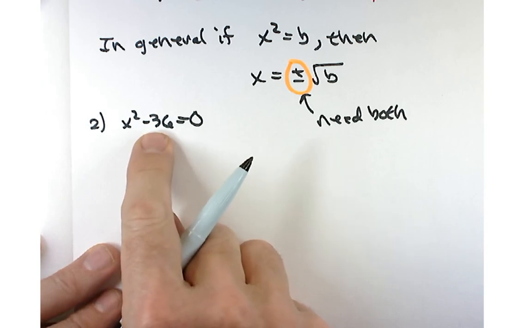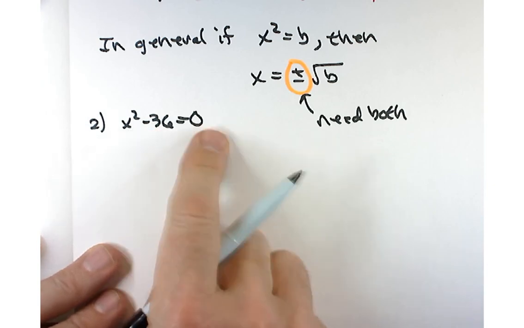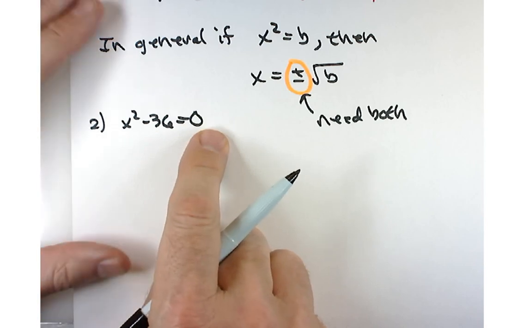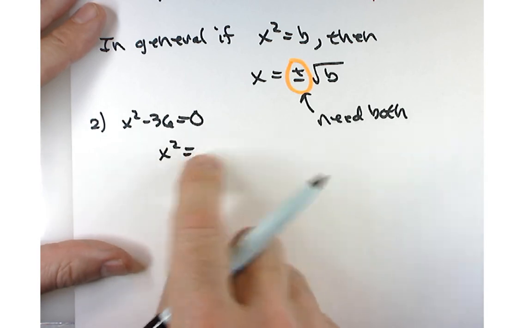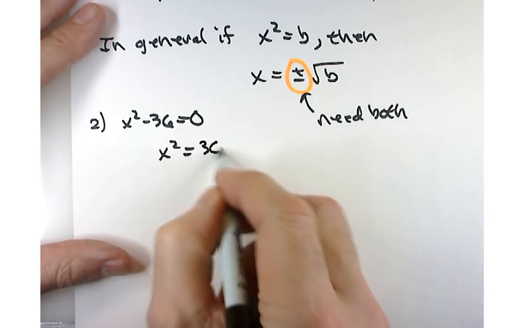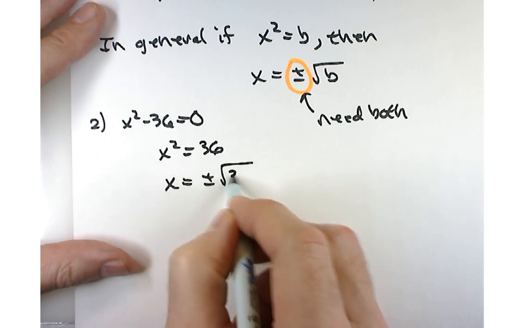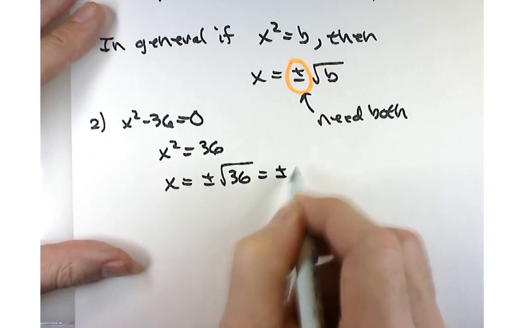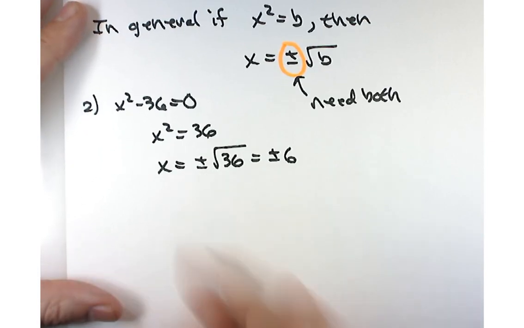When your quadratic equation is missing that middle term, then let's use the square root property. So it's x squared equals what? 36. What does x equal? Plus or minus 6. Thank you. Nice.